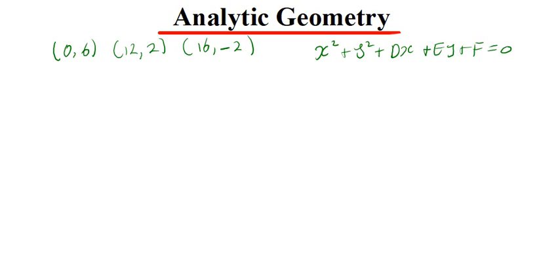Can I answer? Yeah, give it a try. Since we have 3 points, I think we can substitute for x, y three times. We'll have three equations. Then we can solve them simultaneously after that.